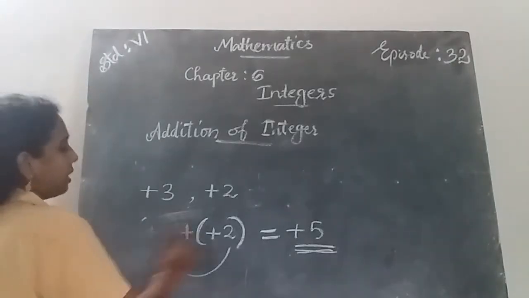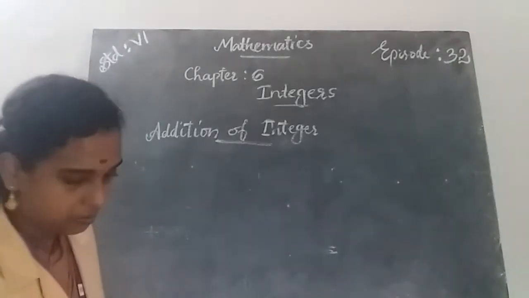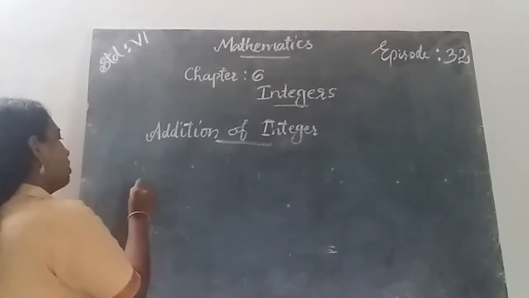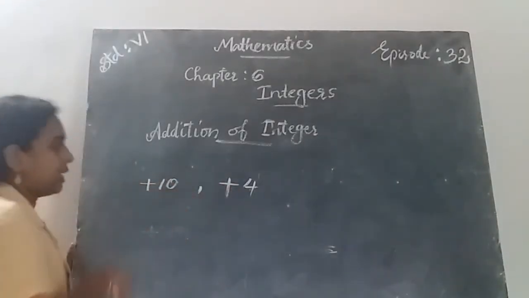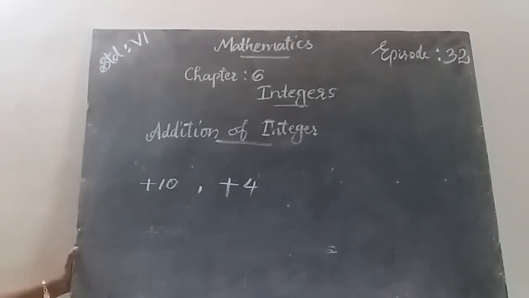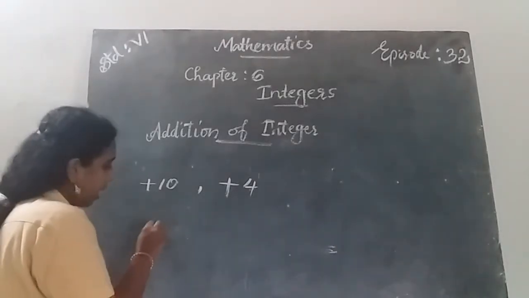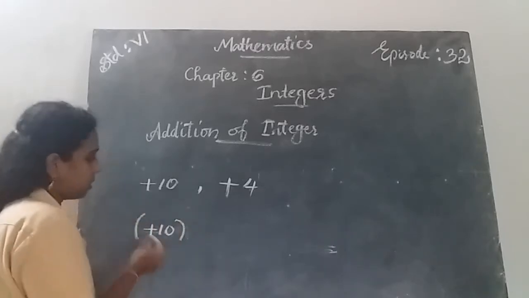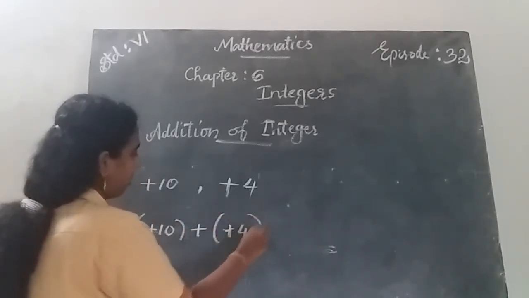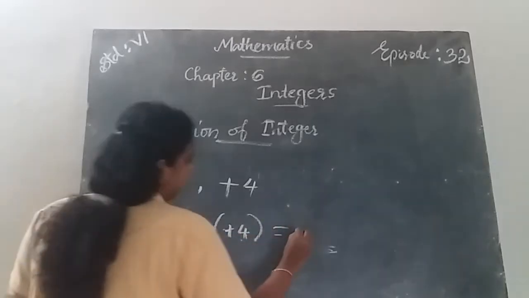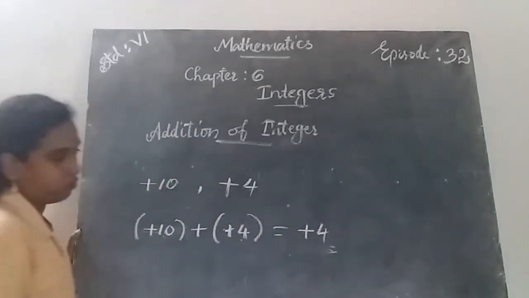Another example: positive 10 and positive 4. If we add these two positive integers, 10 plus 4, we get positive 14.